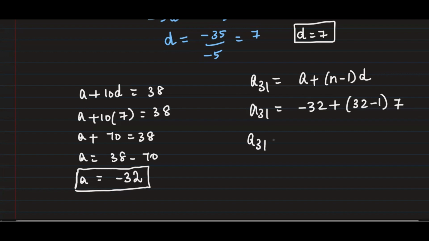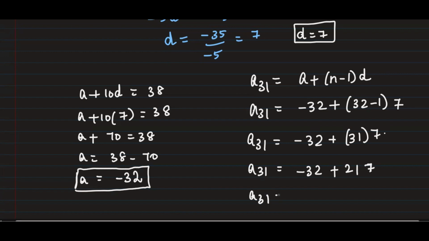So A31 is equal to minus 32 plus 31 into 7.